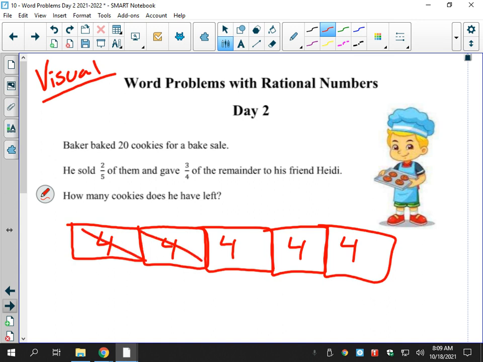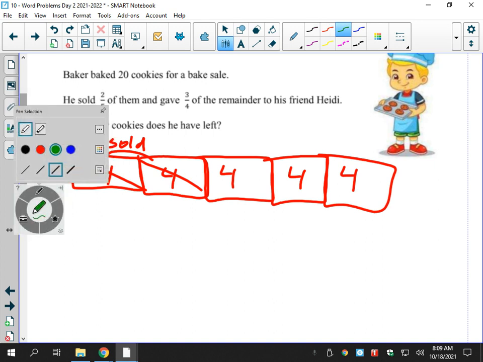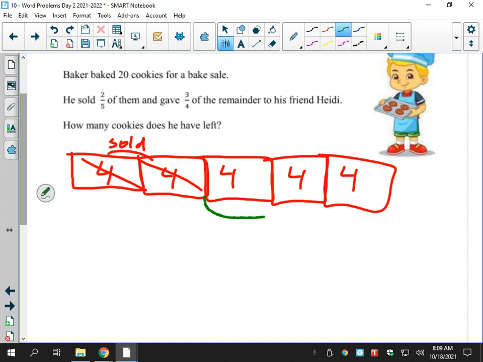So here's 2/5. Those 2/5 are sold. Okay. Now we want to think about what's left. So what's left are these 3/5, 4, 8, 12. So there are 12 left, or we might say 12 remaining.